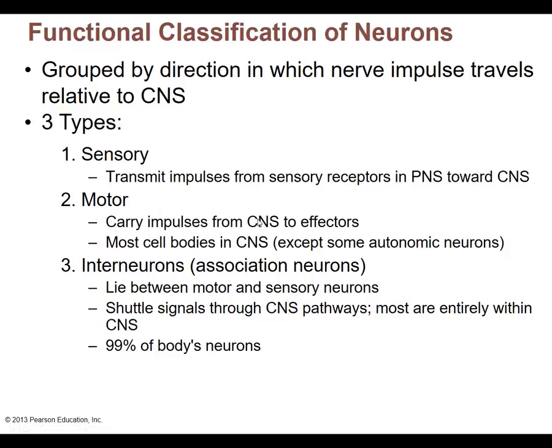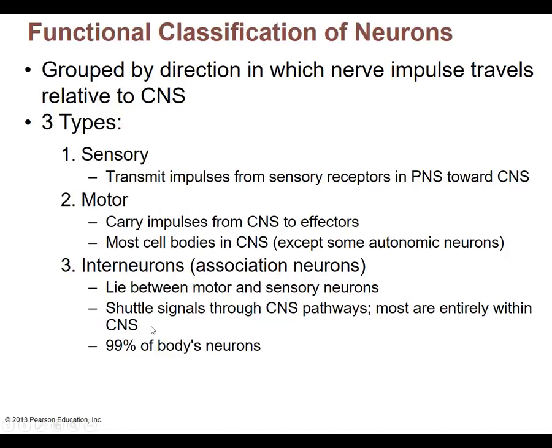Now, most cell bodies, it also includes most cell bodies in the central nervous system, where you find the nucleus and nucleolus. Then we have what we just call interneurons. They lie between the motor neurons and the sensory neurons. They just kind of shuttle information through that central nervous system. Usually we find them completely in the central nervous system.